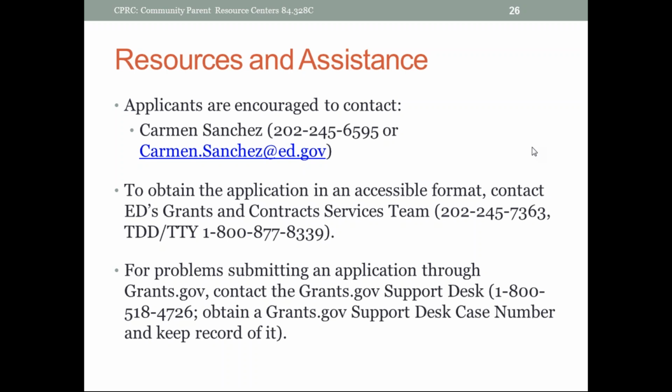They're only there for your reference. You are not required to structure your logic model according to the references that we suggest. You can do it any way you choose. So keep that in mind too.